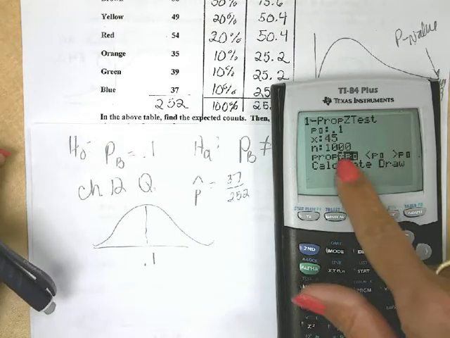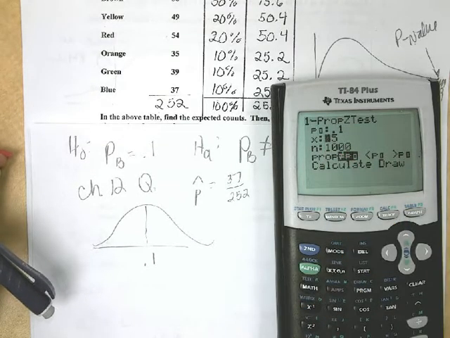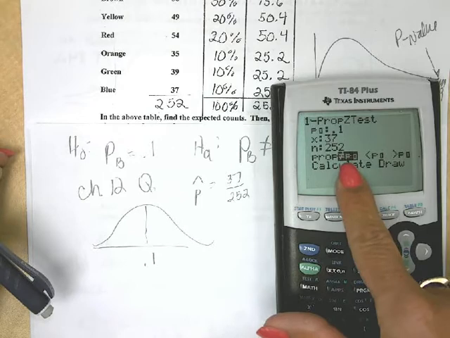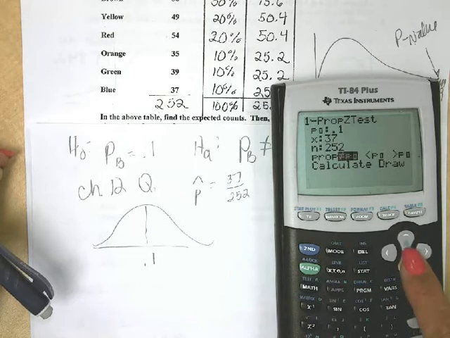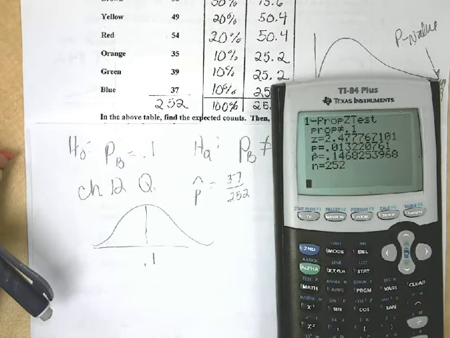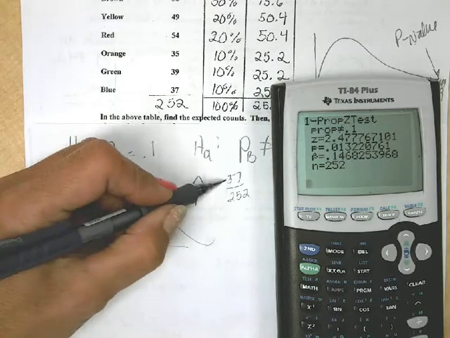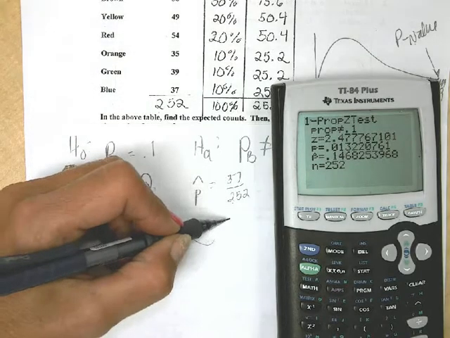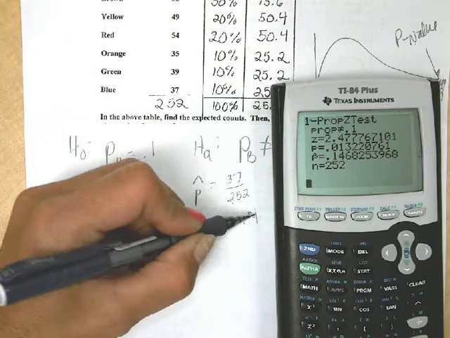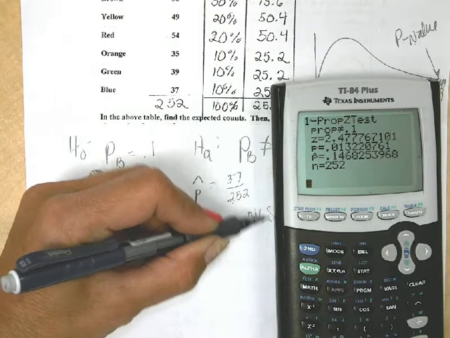And I actually got 37 out of 252. And I want to find out whether we have evidence that this is different. We'll calculate what that p-hat is here in a second. Okay, so if I actually divide 37 divided by 252, we will get 0.1468. So almost 15%.